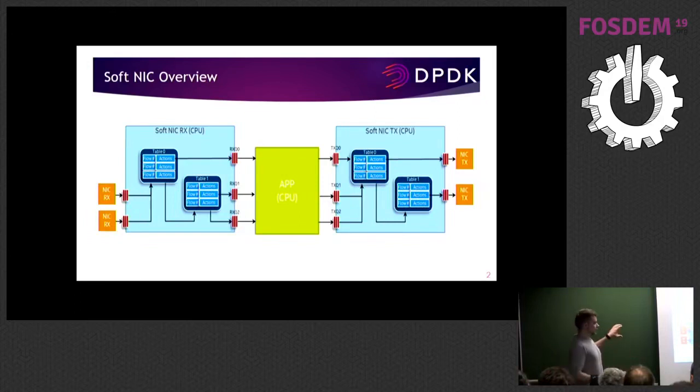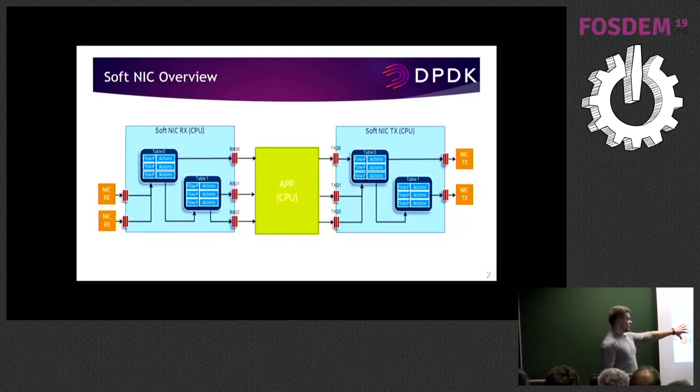So just a general overview of how a packet would go through SoftNIC. If we look at what components we have first, in the orange on the far left and far right, we have physical NICs. Then attached to those we have hardware queues. The green in the middle is our application, and the bigger blue boxes either side are our SoftNIC RX and TX.